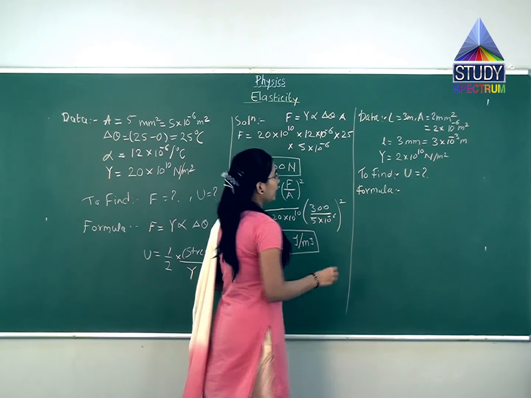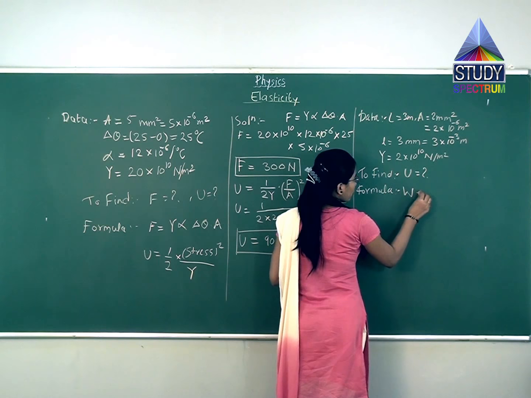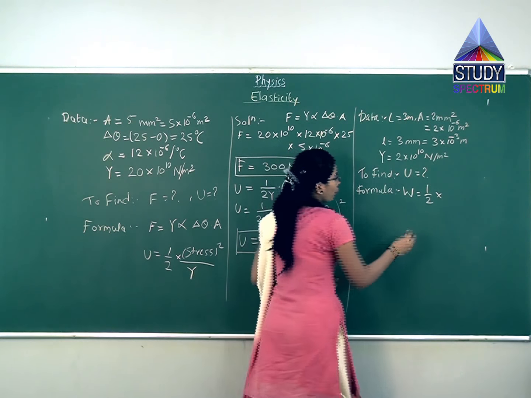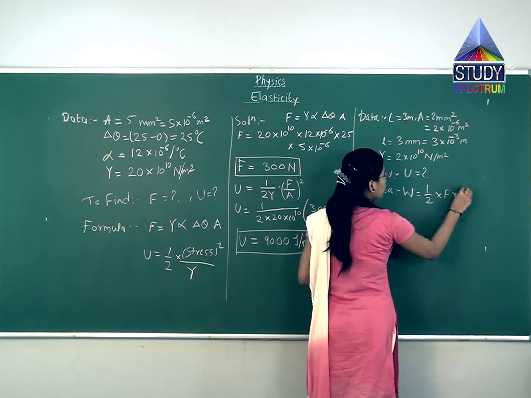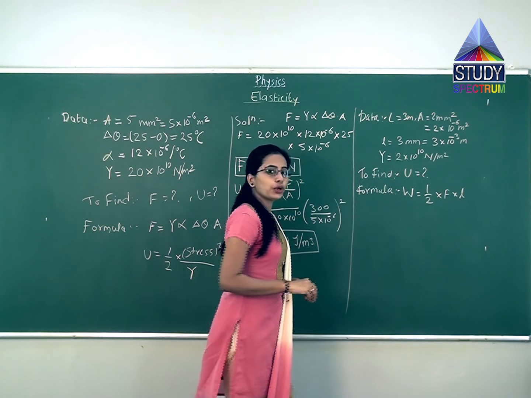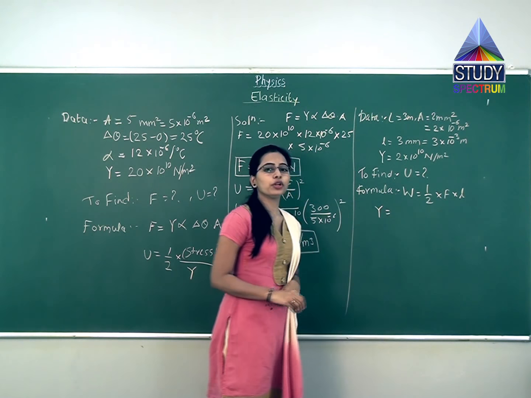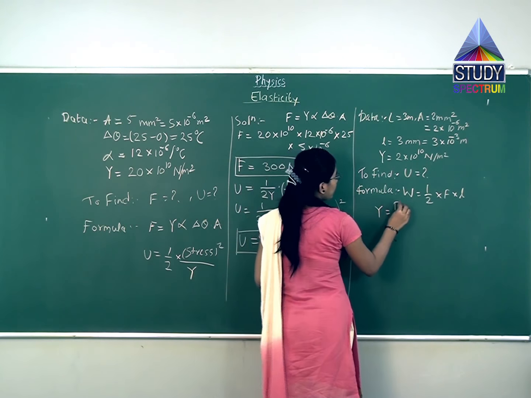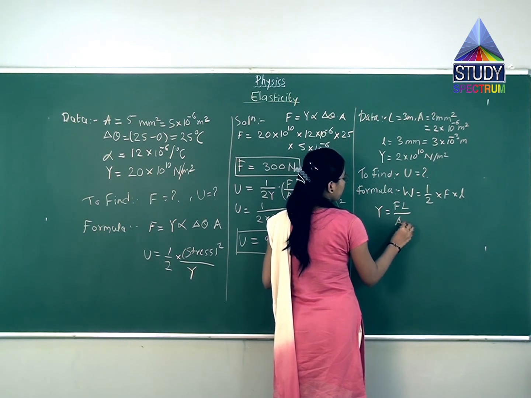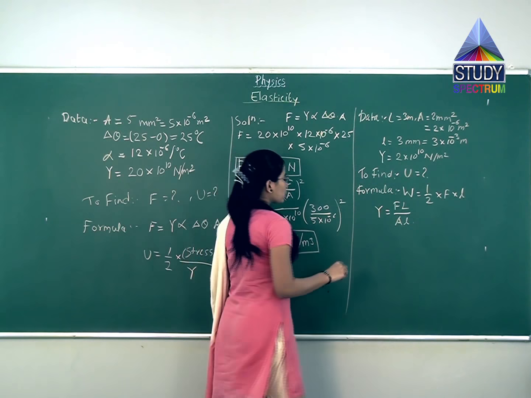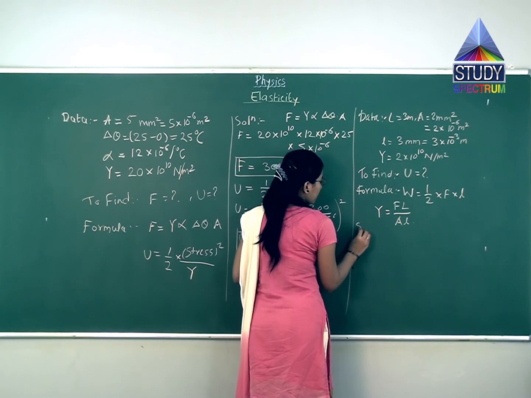So here we will write the formula of work, which is half into force into extension. Then one more formula that we will use is the formula of Young's modulus, FL upon AL, where A into L is smaller. So let us start solving.